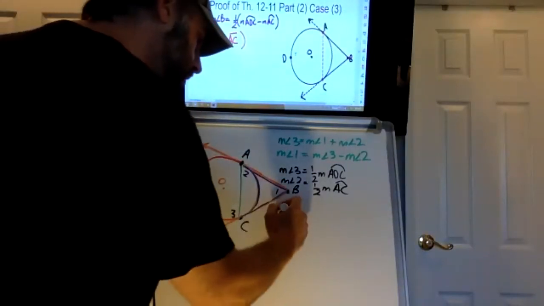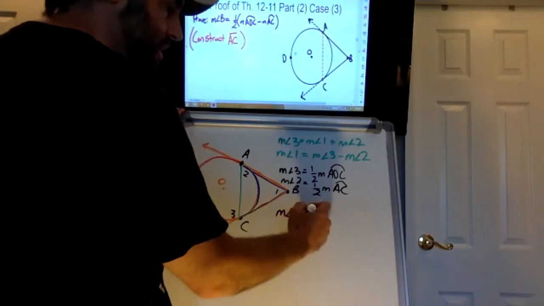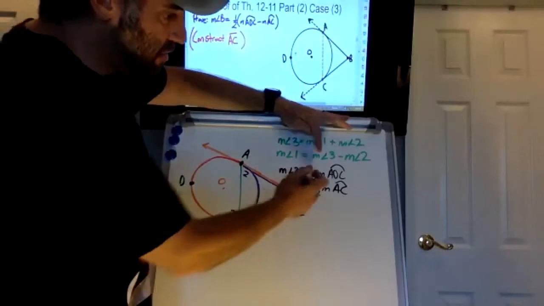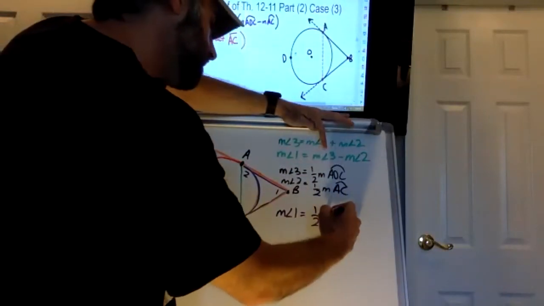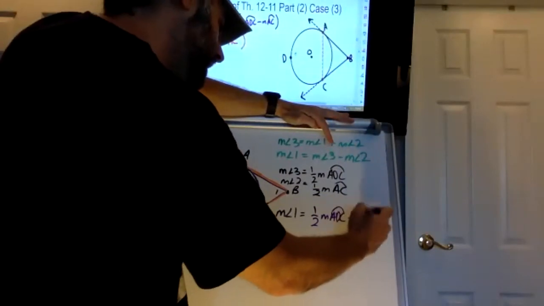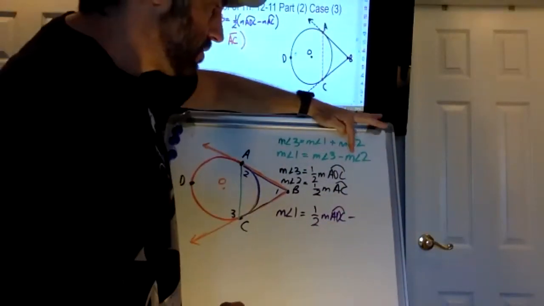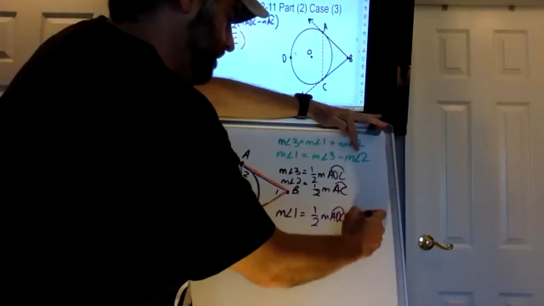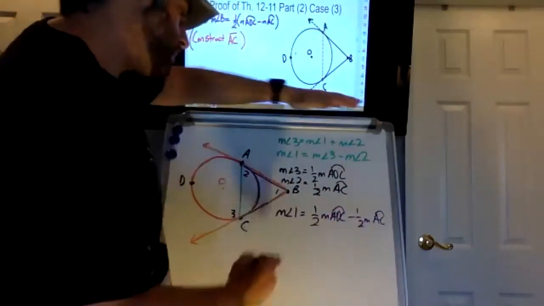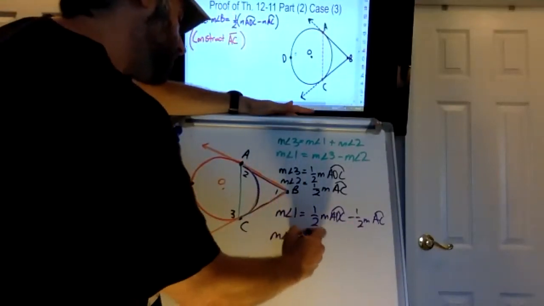So the measure of angle 1 is equal to the measure of angle 3, for which we substitute half the measure of ADC, minus the measure of angle 2, for which we plug in half the measure of minor arc AC. We will factor out a 1/2.